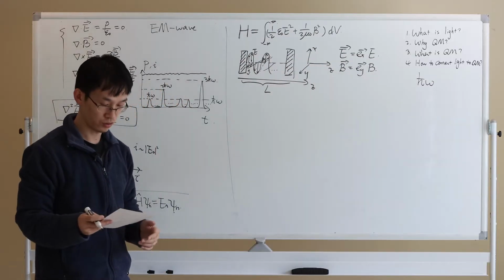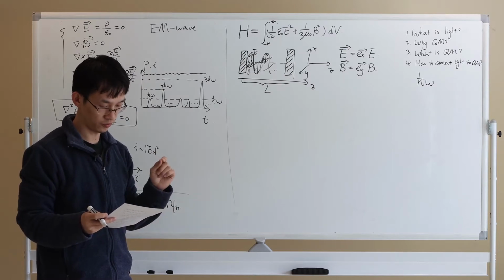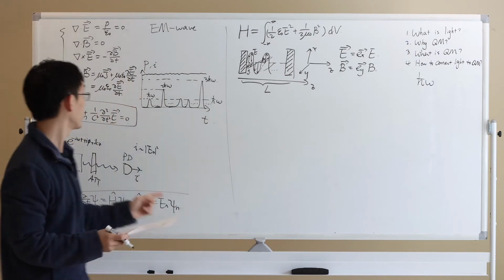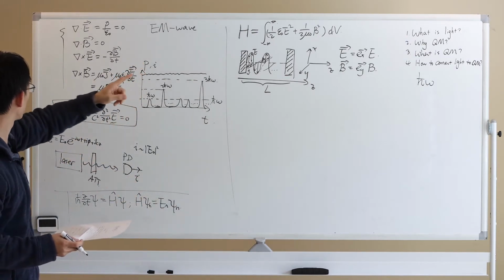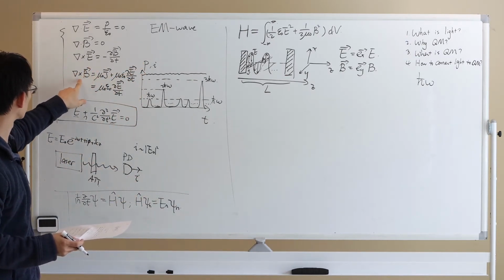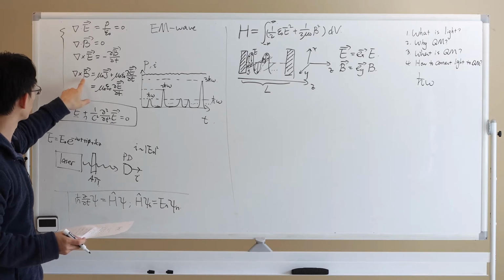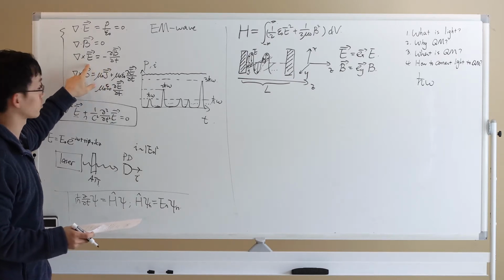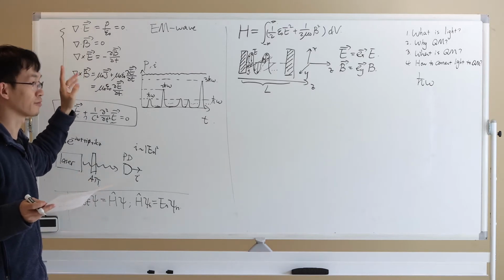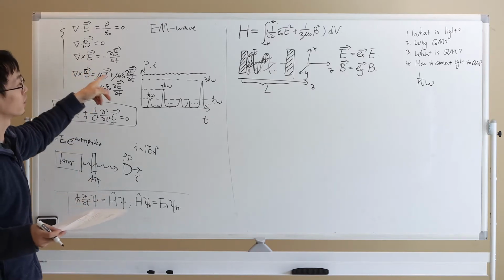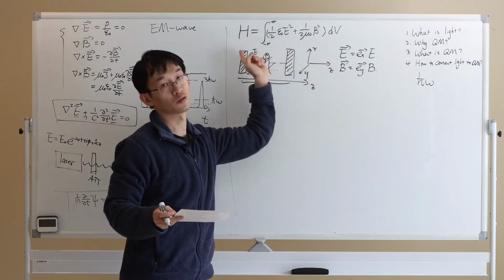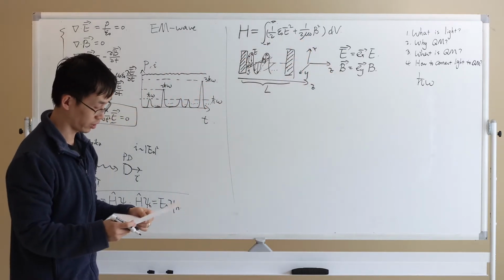Let's see how to break this down. We first solve the electric wave, and then there's a relation in the Maxwell equations between the magnetic wave and the electric wave, two of them, depending on which one you want to use. From there we can get the magnetic wave, and ultimately solve the Hamiltonian.